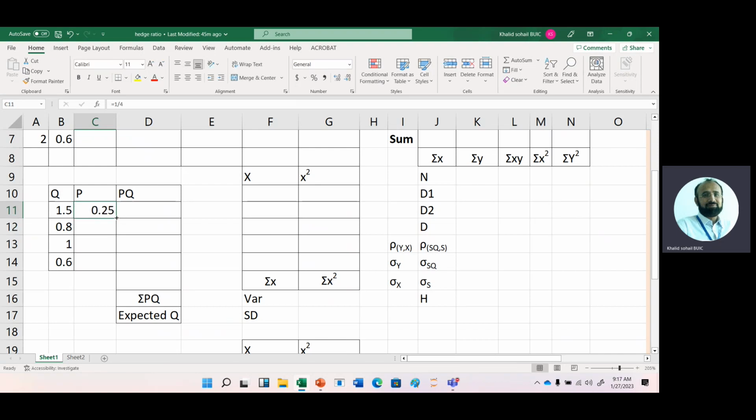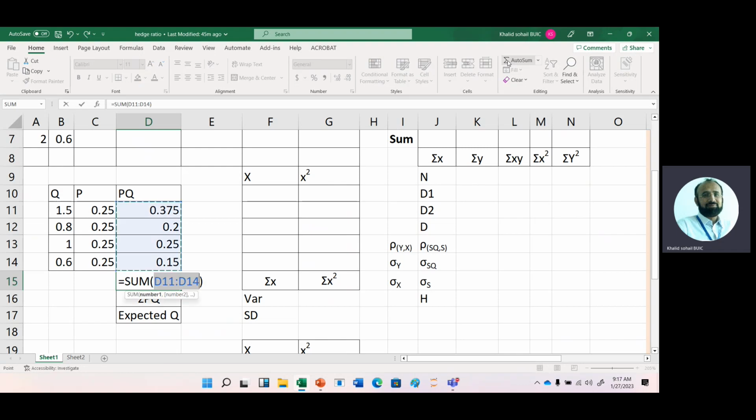So we have 25% probability for each quantity. To get the average or expected quantity, we just multiply each quantity with its probability value, and then we add all these and sum it. So our average quantity is 0.975.